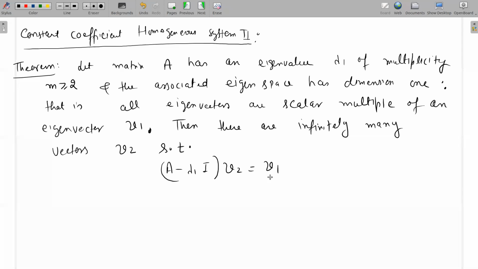So इसका मीनिंग है, you know v1, you know lambda 1, you can find v2 from v1. So there are infinitely many vectors. So in other words, that system doesn't have a unique solution.